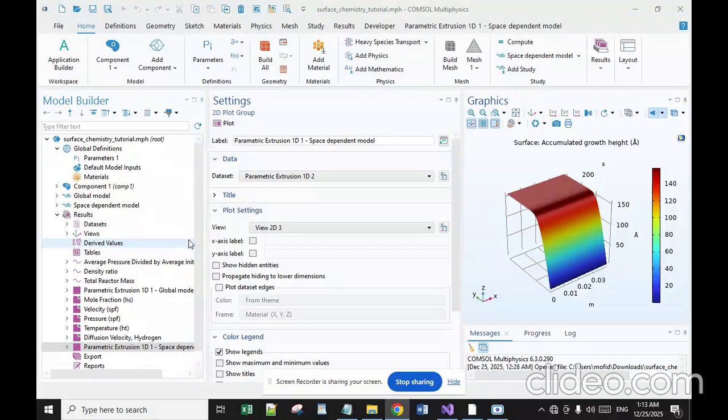In the next figure in this simulation, the total mass initially present in the reactor divided by the total mass in the reactor is plotted.